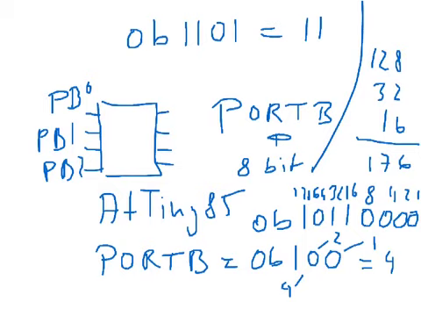So if you want to set a complicated value like this, you can just write PORTB equals 176, and these 3 pins that correspond to those bits will be turned on. So that's PB7, PB5, and PB4. Now, 176 is easier to write, but you don't see anymore which pins you are setting.